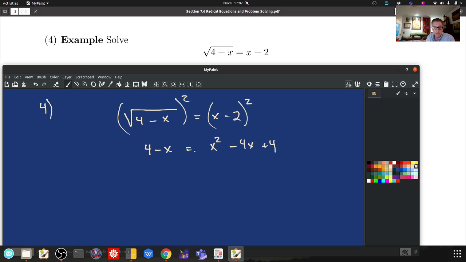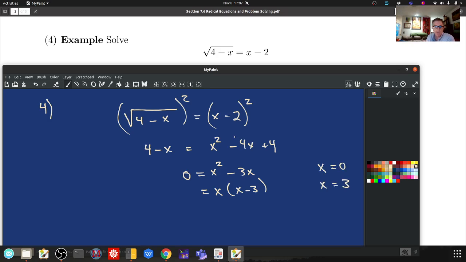And then what you would do is go about solving. So minus x becomes plus x. So minus 4x plus x is minus 3x. And plus 4 minus 4 is 0. It's really actually easy. So my possible answers are x is equal to 0 and x is equal to 3.